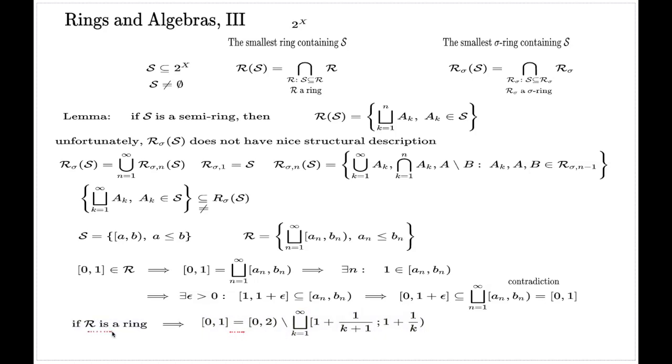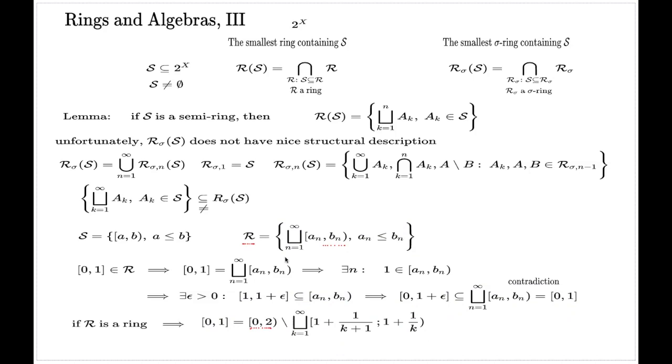So if this was a ring, each of these half-open intervals individually belongs to this ring, and the disjoint union, by the definition of this set R, is a member of this ring.